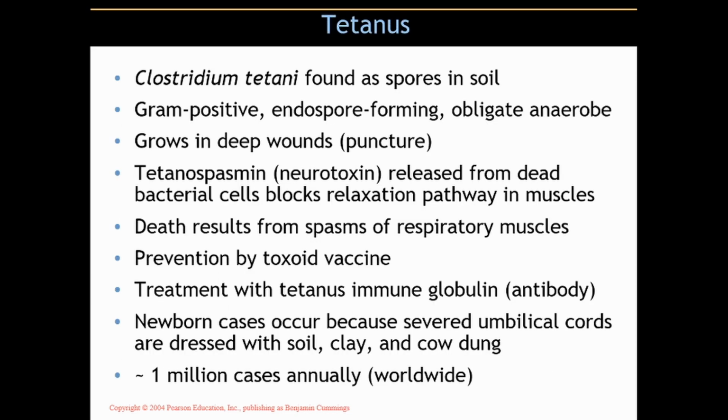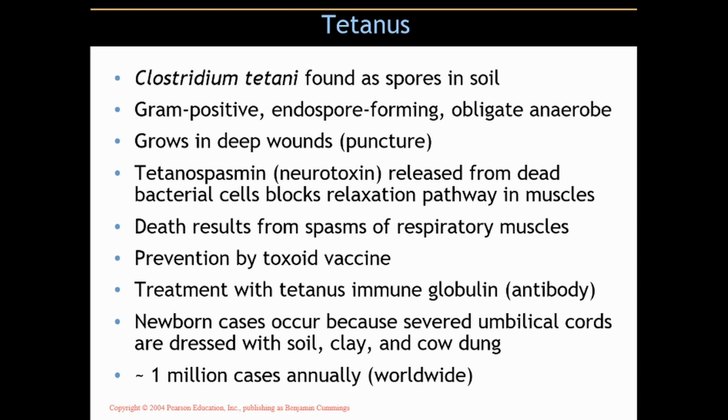Tetanus is caused by the bacterium Clostridium tetani, and it's found as spores in the soil. It's a common soil bacterium. It's gram-positive, spore forming, and an obligate anaerobe, so no oxygen. Oxygen is lethal to Clostridium tetani.